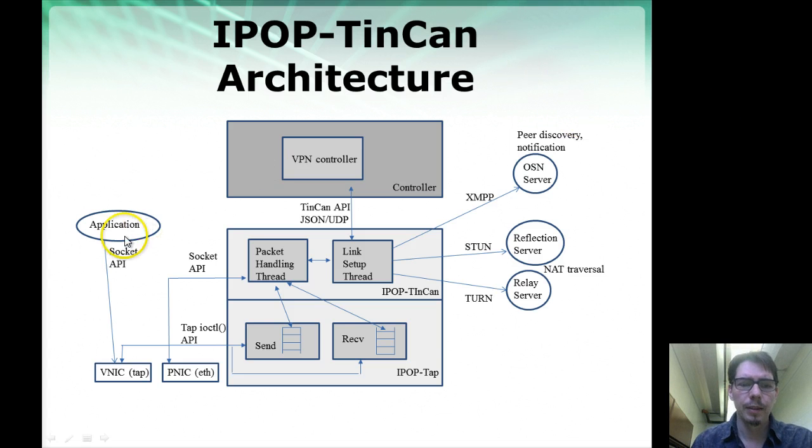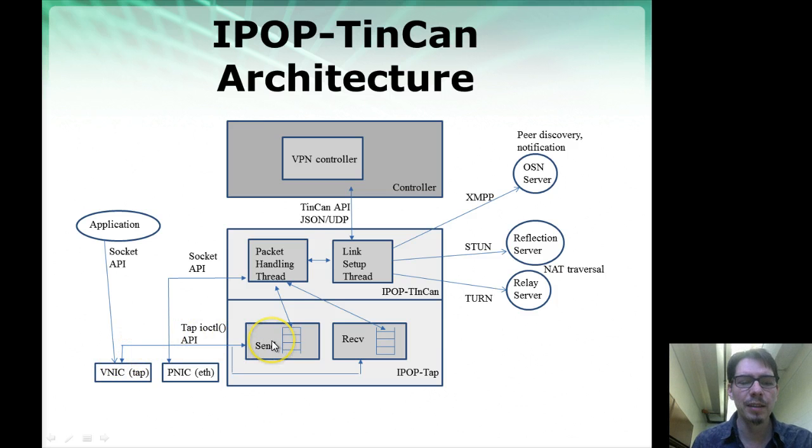Here we have an application, again blowing up our previous figure. IPOP, as a set of two separate modules, can be further subdivided on the TinCan side into one module that deals with packet handling, and one module that deals with just a low-level interface to the virtual network device, or the TAP device. An application again uses the socket API through the virtual network interface.